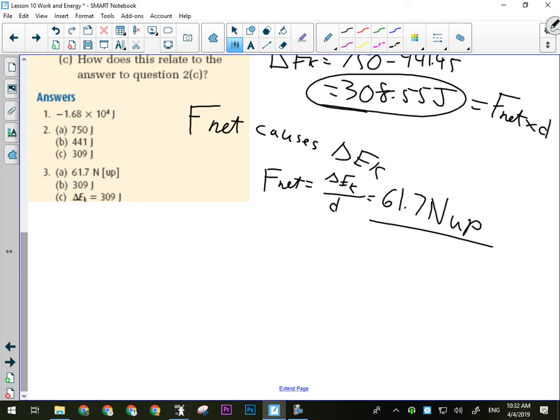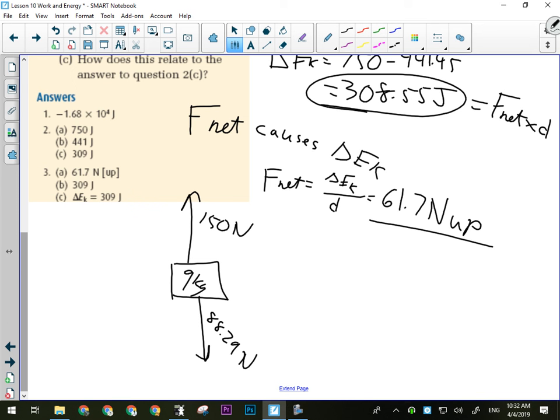But the other way would have been that I could have had my force upwards, which was 150 newtons, and then the force of gravity downwards, which was 88.29 newtons, because this was a 9 kilogram mass. If I subtract those two numbers, I still get 61.7 newtons.